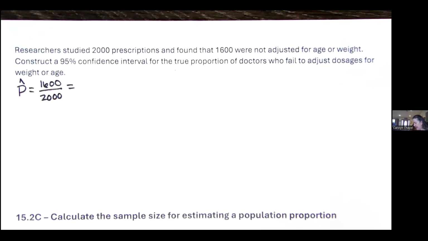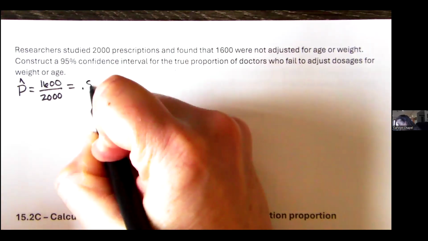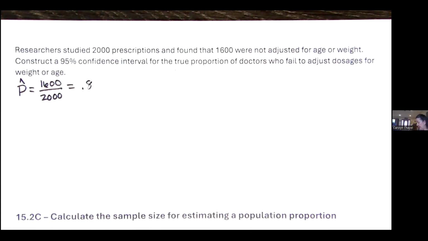And if I calculate that as a decimal, I like to calculate it as a decimal. Not that I need to, because if you saw, remember, just in SALT, all we needed was 1,600 out of the 2,000, and then the 95%.